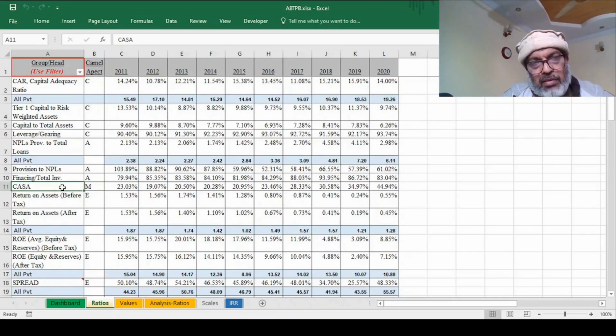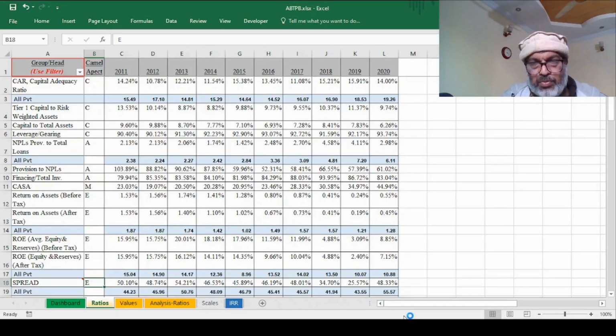But there is also restriction on interest-free deposits there, which cannot be lent for the long term. Then there is return on assets and return on equity. Here it indicates the management efficiency. This indicates the earning capacity and efficiency of the business or the bank.